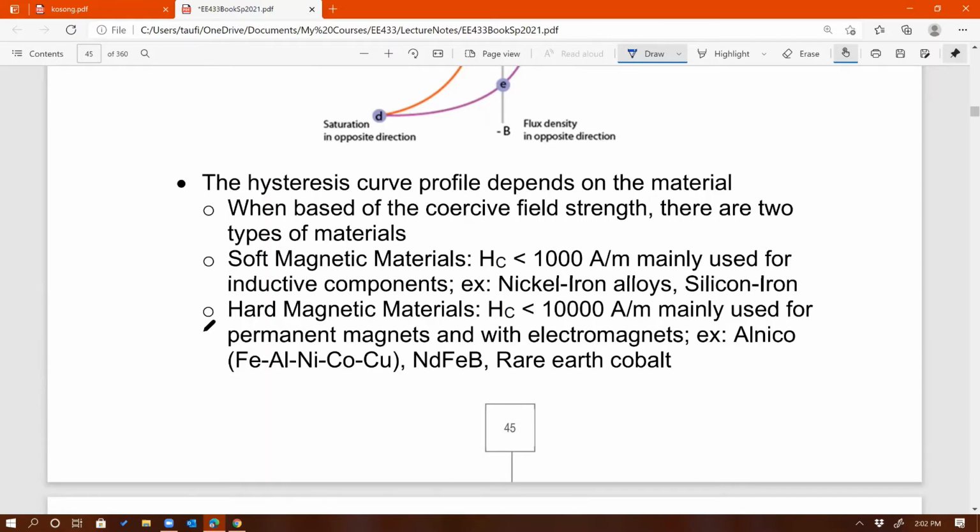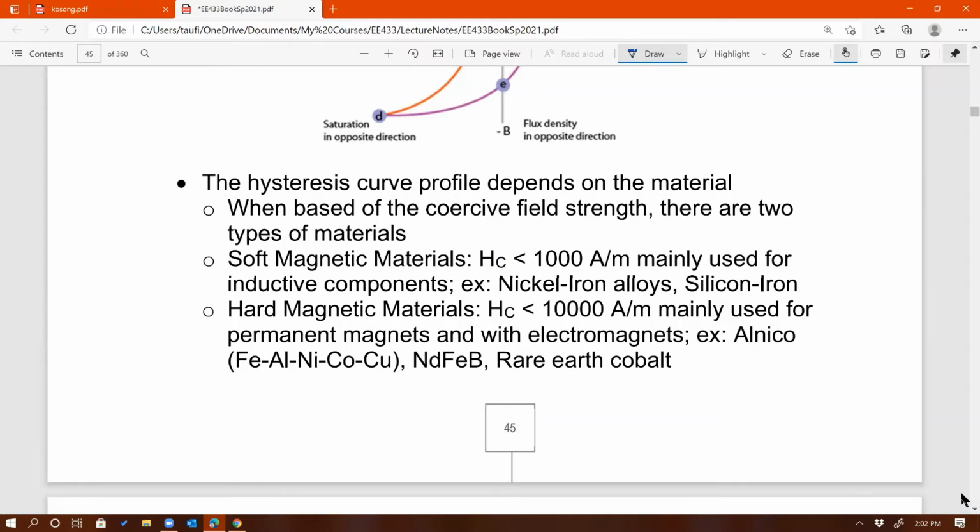And then we also have hard magnetic materials, where we have a larger magnetic field intensity requirement, mainly used for permanent magnets and electromagnets. I don't know how to pronounce this, alnico, which is an alloy, and then other ones right here.